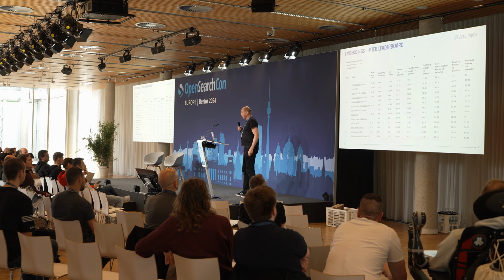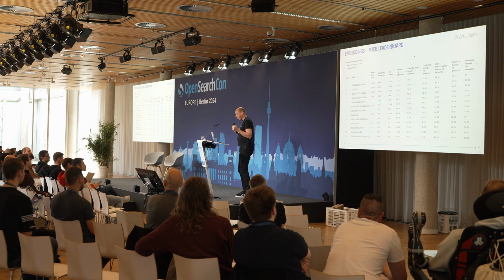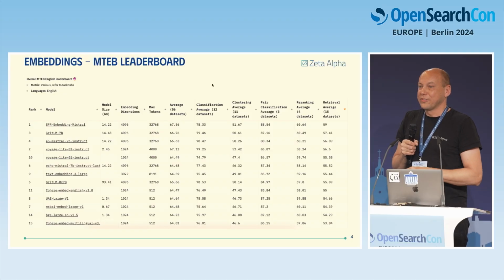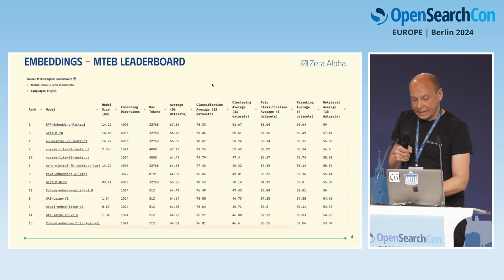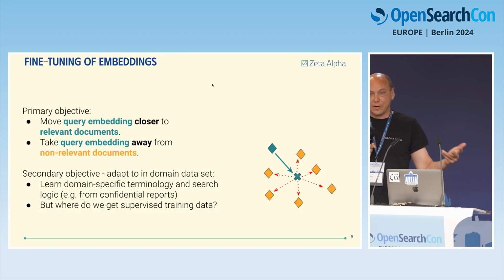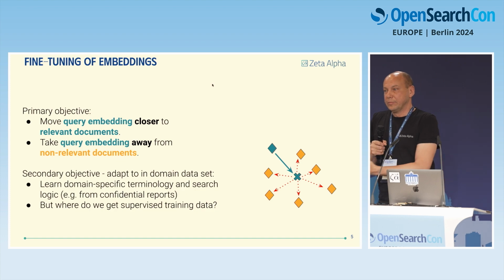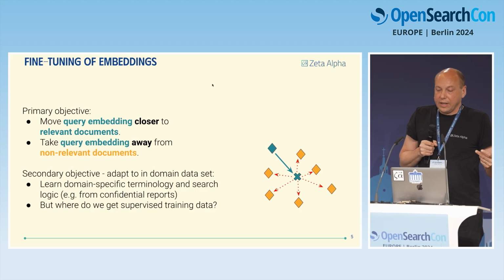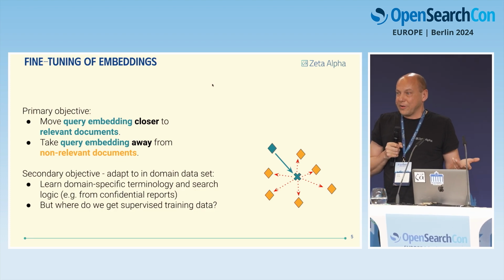So there's a very large difference between what you can do with some of the popular embeddings like MiniLM or all-MPNet and the latest state of the art. But these models are all trained on general web data. And if you have a very specific domain like pharma or legal or e-commerce or whatever, it makes sense to think about fine-tuning them.